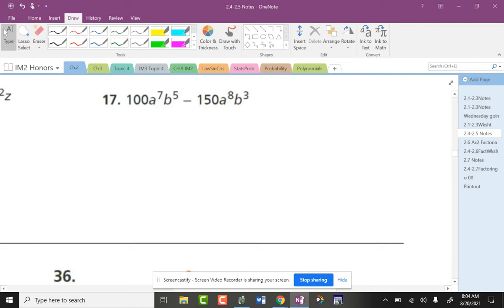I gave you a hint. 50. I thought you said 50. It's definitely 50. And then what about the variables? What can you pull out of each one? In GCFs, probably the variables are easy. Sometimes the numbers are harder because you've got to be really numerate with that. All right, tell me what's left over when you do this. Nice.